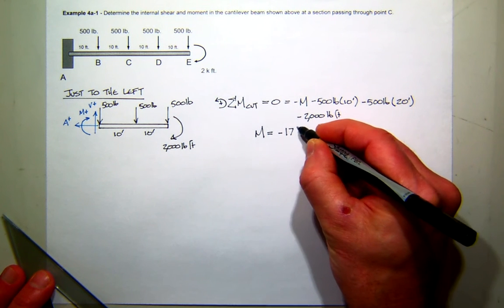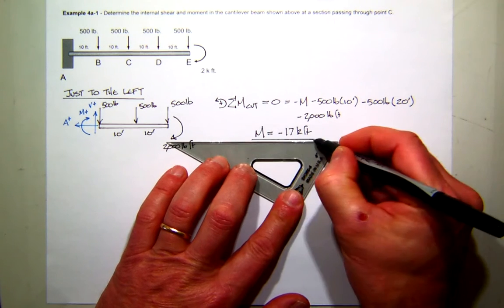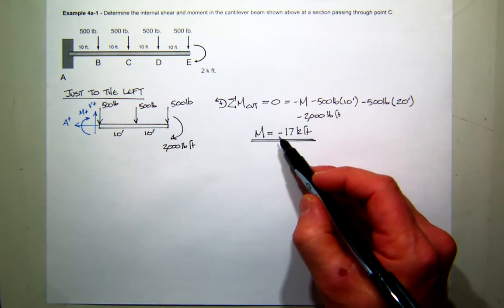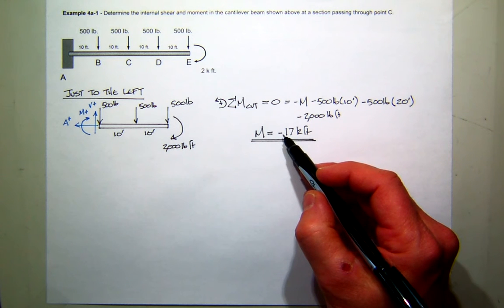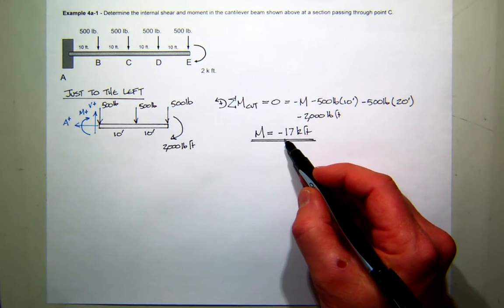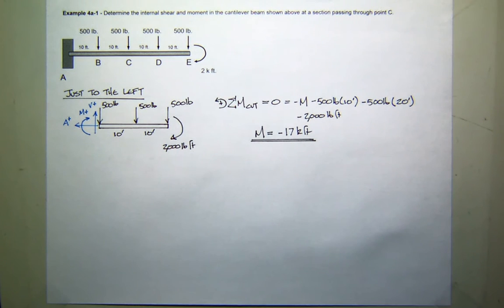I'll go back to kip-feet. So what does that mean? Is it a positive bending moment or a negative bending moment? It is negative. Remember, I assumed positive. I got a negative value, so it's negative bending moment. What's negative bending moment? Is that kind of smiling or frowning?